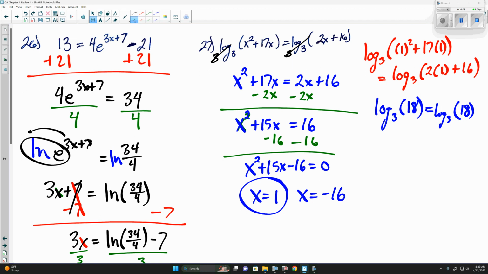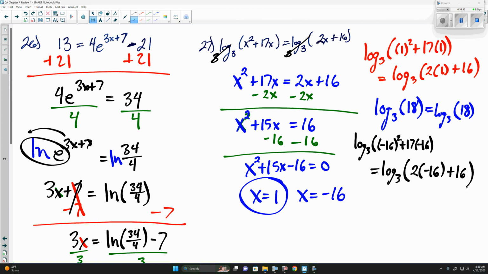If we do the same thing to the other side, log base 3 of negative 16 squared plus 17 times negative 16. Now on the other side, so we have negative 16 squared plus 17 times negative 16.